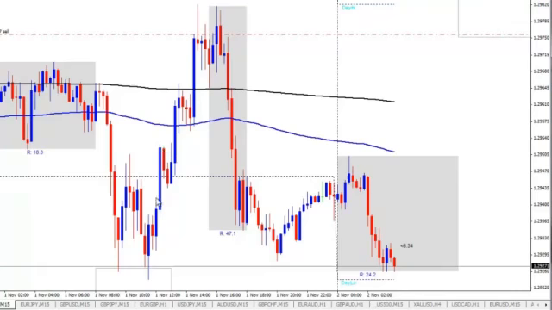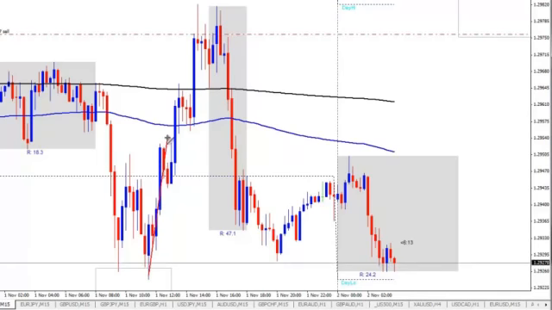Now when it started making this push to the upside, that made me think that there was a deeper pullback in mind, and sure enough there was. Now, adding up what we got going for the trade, actually why I took the short is that we have this push here, and these are intraday pushes.